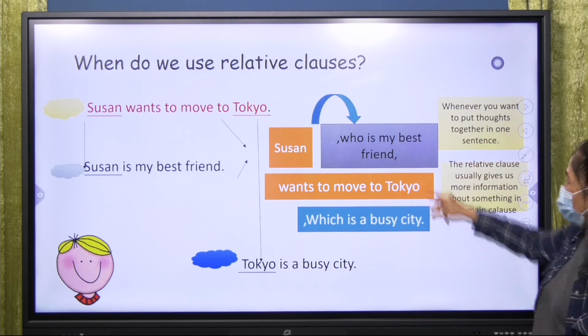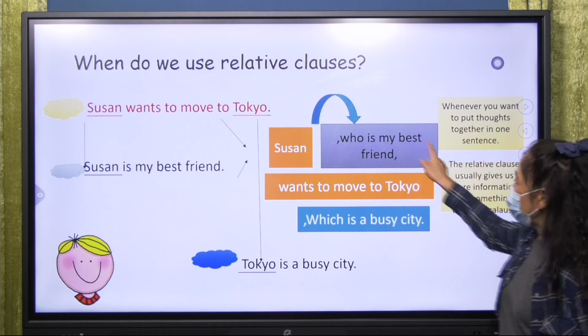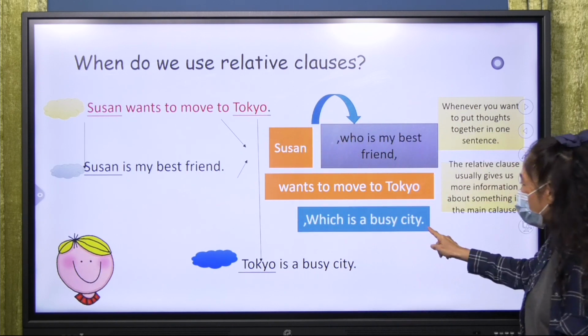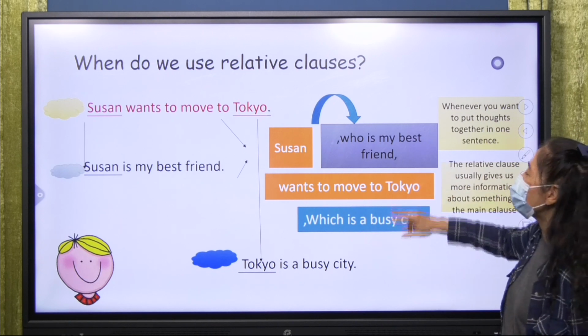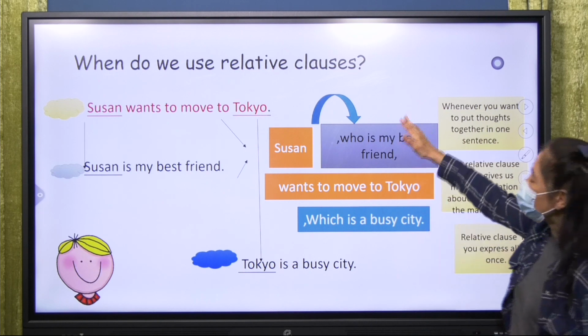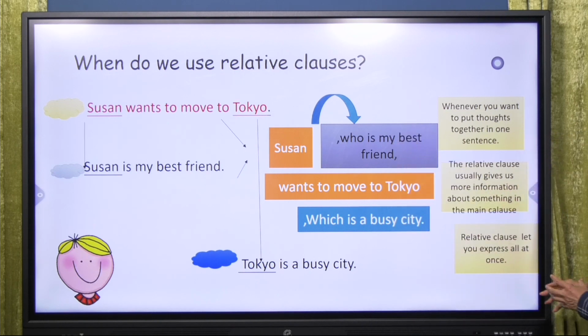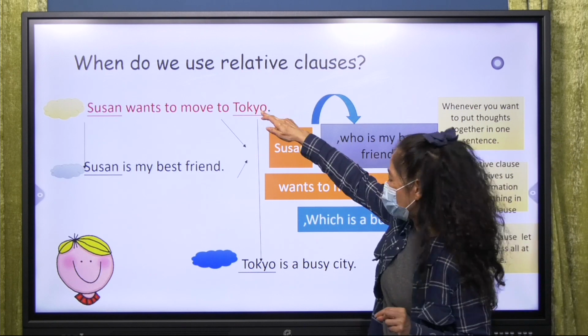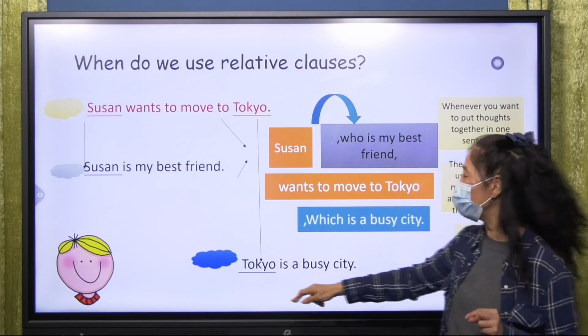So in this case, look at here. Now, this is one big large sentence, right? Only one full stop. But altogether, 1, 2, 3, three clauses. So by using relatives, you can put so many thoughts together. But pay attention, there should be some relationship. These Tokyo are in common, right?